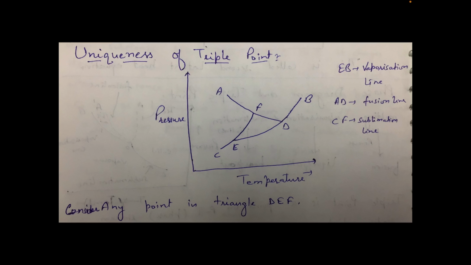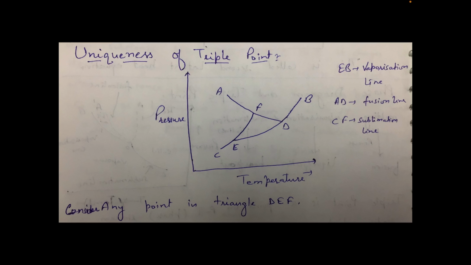So if we consider a point in triangle DEF, by taking the sublimation curve CF, the point lies towards the right side of CF, which means the substance is in vapor state. At the same time, if we consider the fusion line AD, the point lies below AD, because in triangle DEF every point lies below the line AD. Therefore the substance should be in solid state.